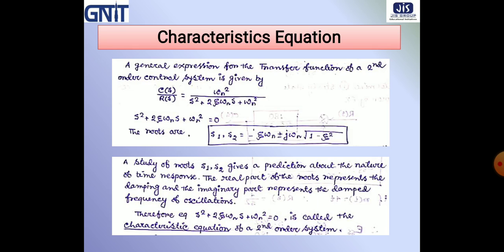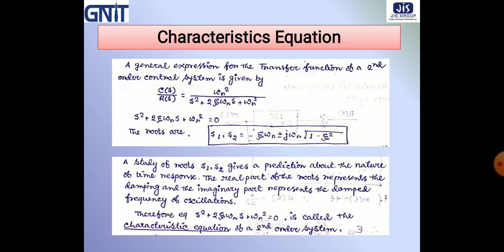Now, depending on these roots which come from this equation, we can predict the nature of the system. That's why it is called characteristics equation. Whether the system is stable or unstable, we can say from this equation by calculating the roots.